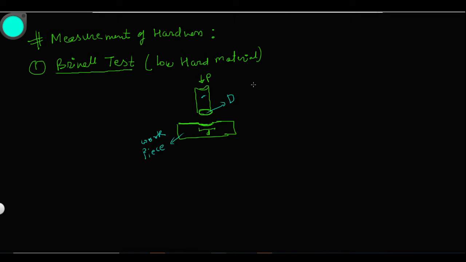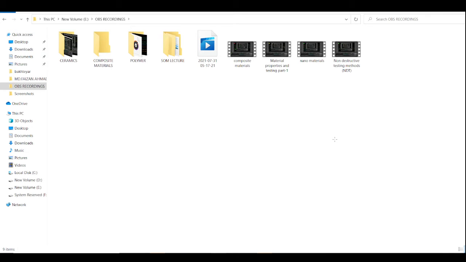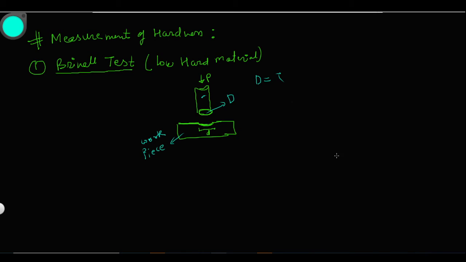So capital D is the indenter tool diameter.